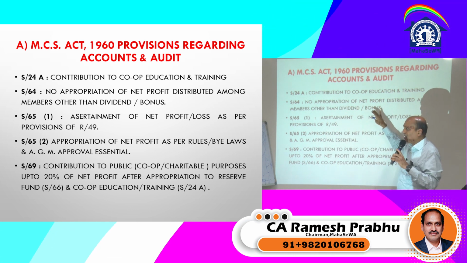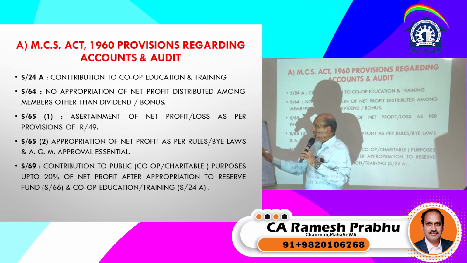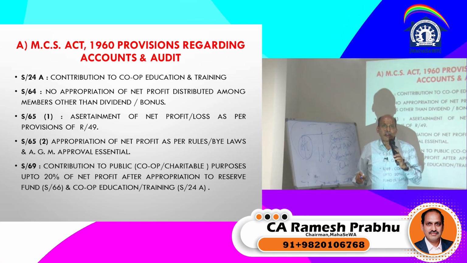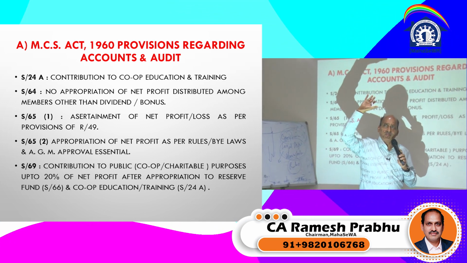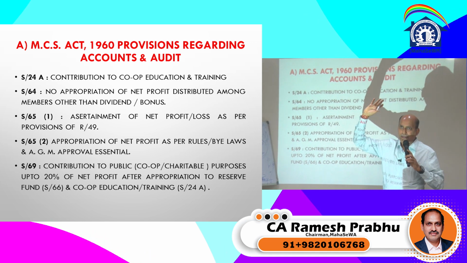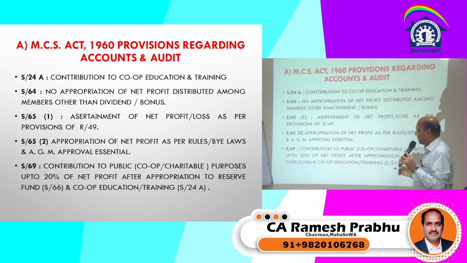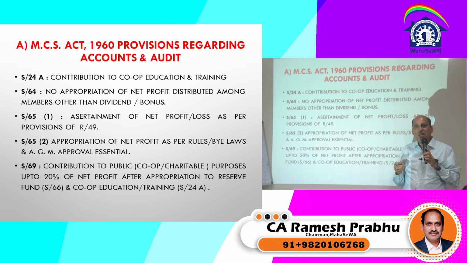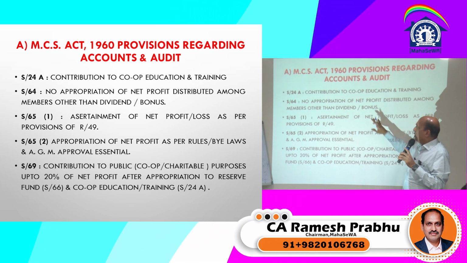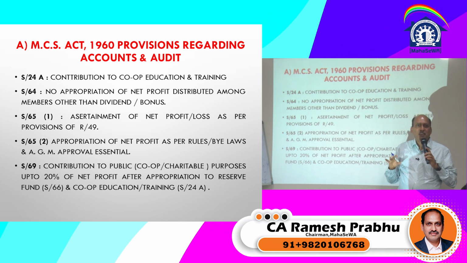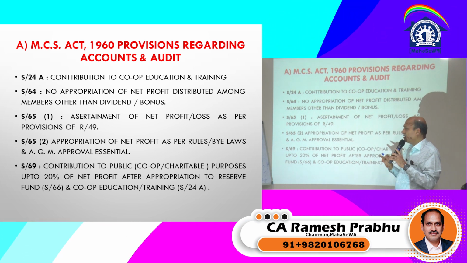In other words, let me give you an example. In a cooperative society, we put up a telephone tower, a telecommunication tower. The moment you put up a telecommunication tower, naturally you get certain remuneration in a year, maybe 10 lakhs, 15 lakhs in a year.